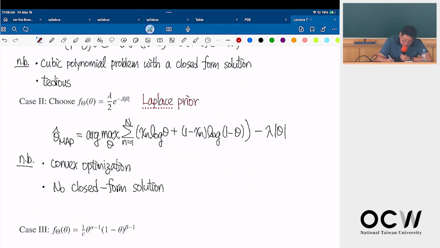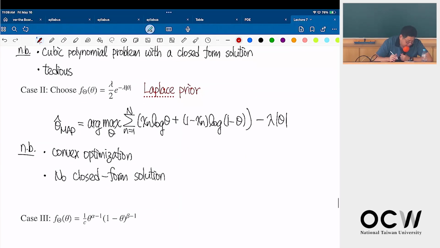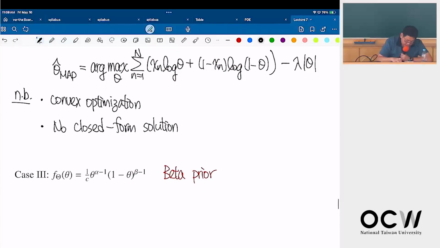Then another one: if we consider this prior, it is called the beta prior. Then you can find the best theta for MAP.